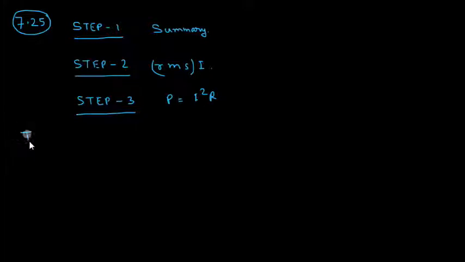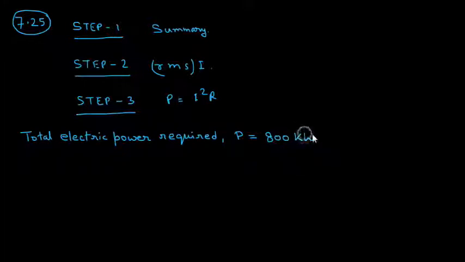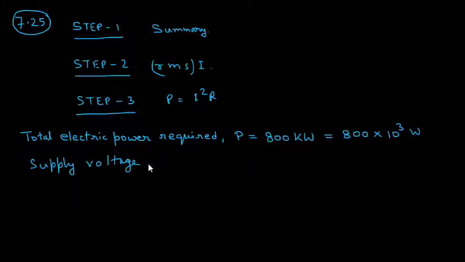So total electric power required P is equal to 800 kilowatt, which is equal to 800 into 10 to the power 3 watt. Supply voltage V is equal to 220 volt.